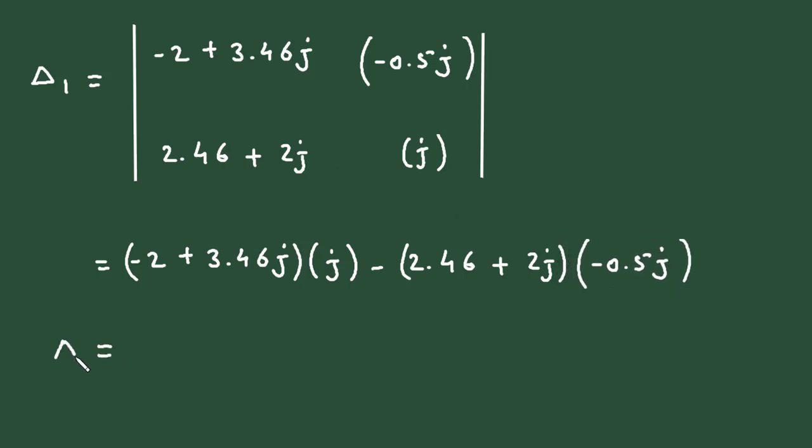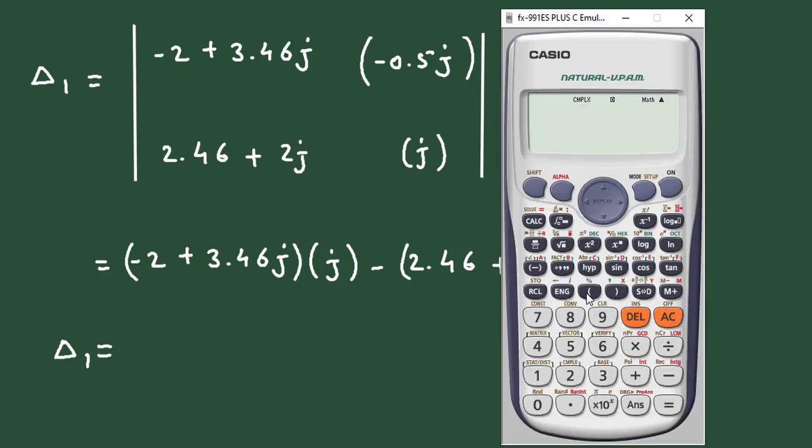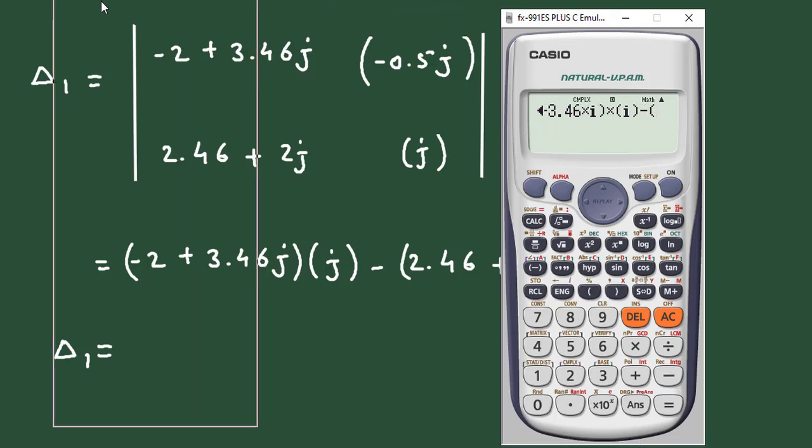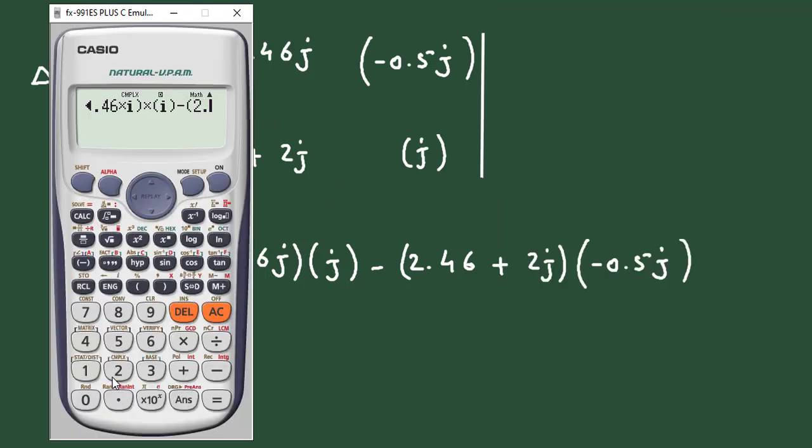So it is equal to delta 1: minus 2 plus 3.46 into j into j minus 2.46 plus 2 into j multiplied with minus 0.5 into j.